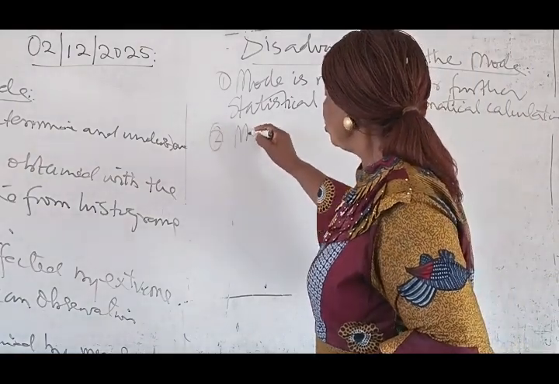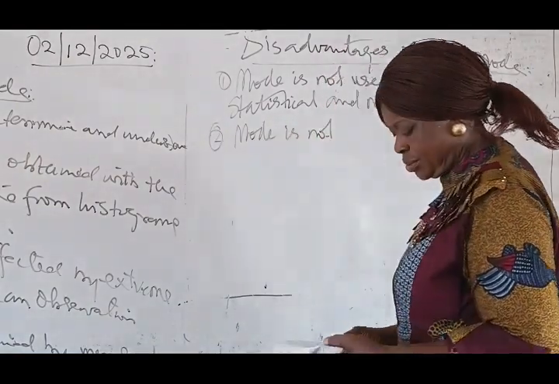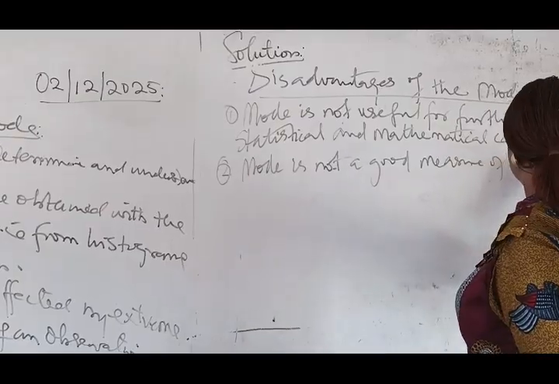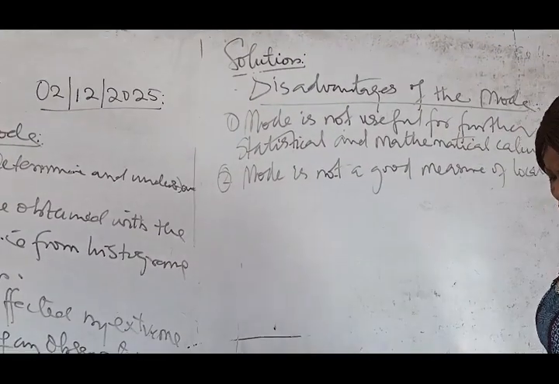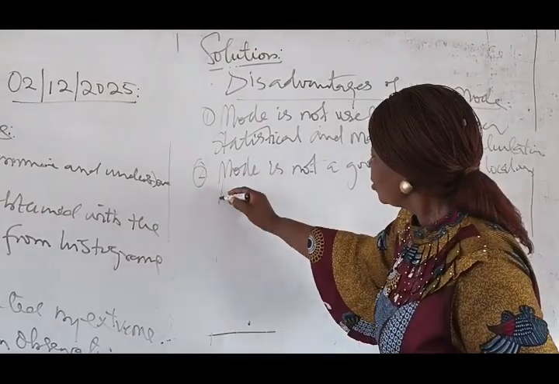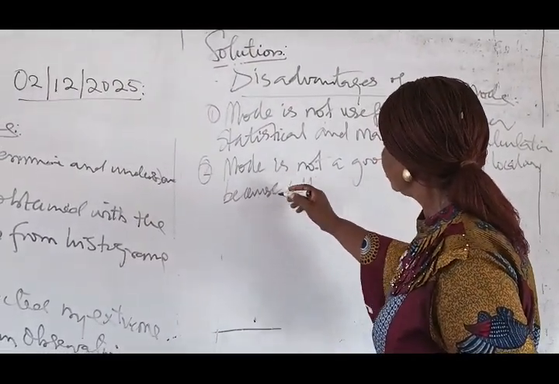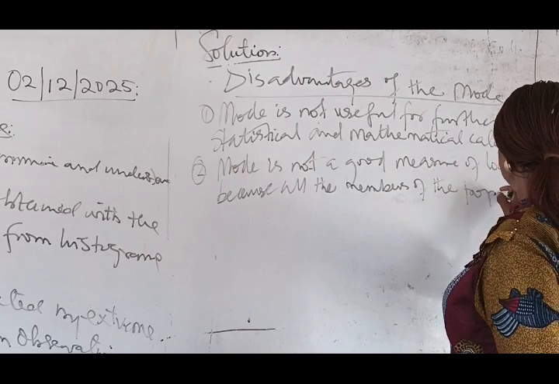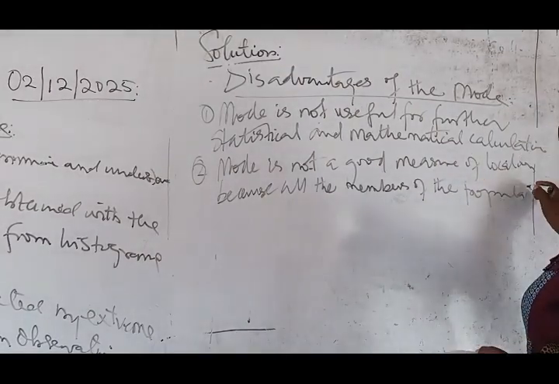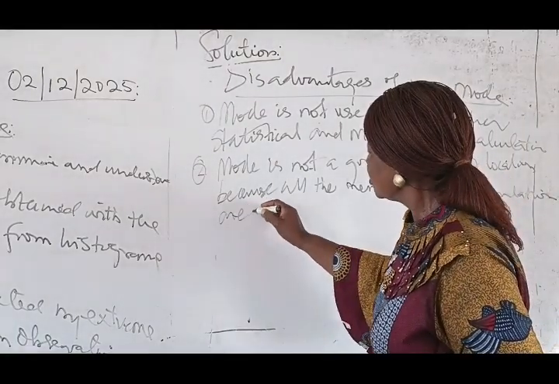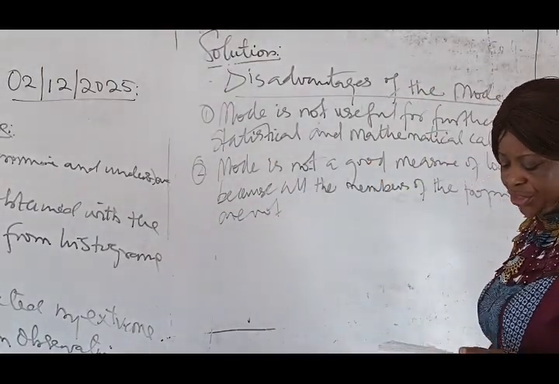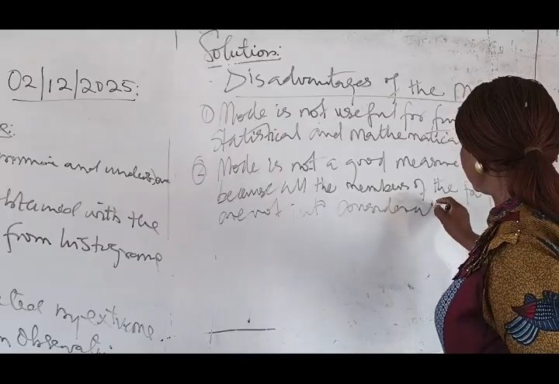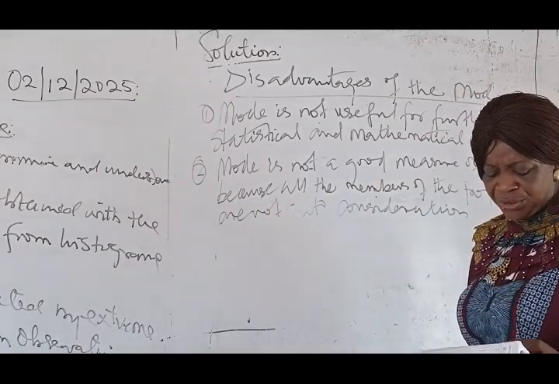The second one, mode is not a good measure of location, because all the members of the population are not taken into consideration.